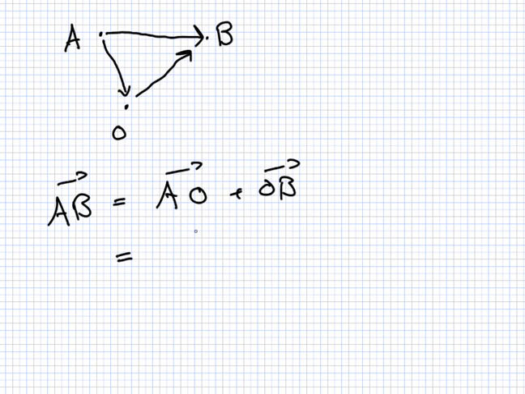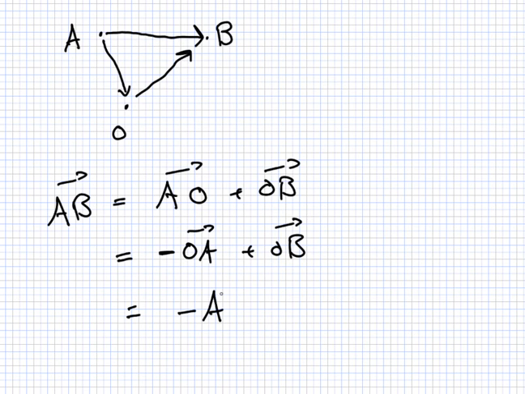But AO is just minus OA, which we've seen last time. These are position vectors, so it's not necessary for me to write the O. If I leave the O out, it's understood that the O is there.